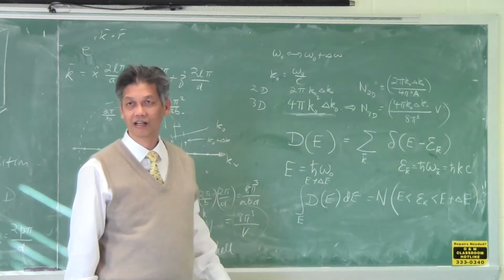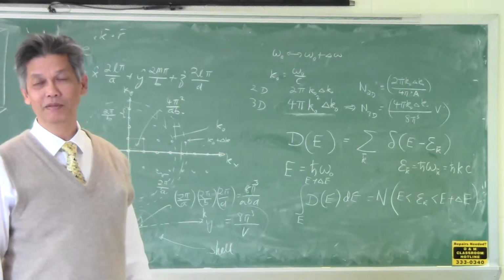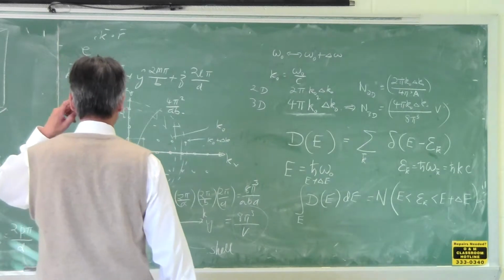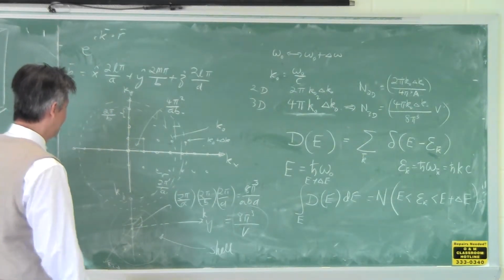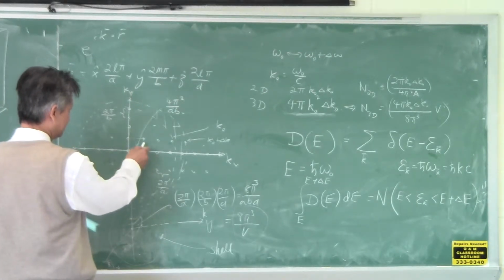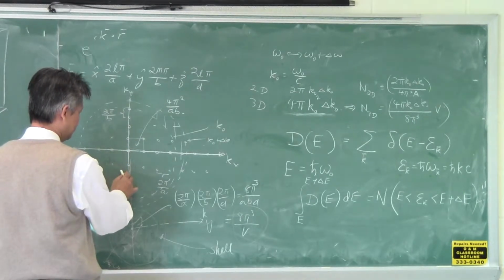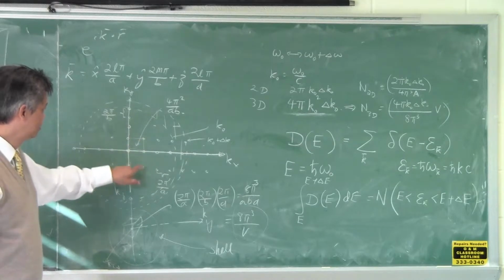Okay, yes? How many degenerate modes do you get per shell? It depends on where you are, for the 2D case, in this picture. If you are down here, for instance, very close to the origin, and you pick a shell of this radius, you only have 4 degenerate modes, right? 1, 2, 3, 4.